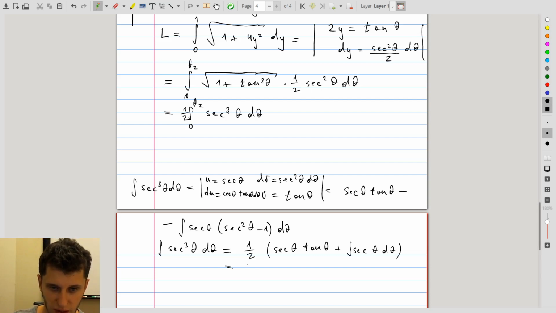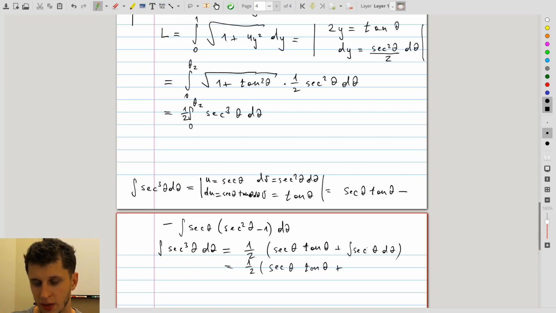So that gives me 1/2 secant tangent plus, so for secant theta, I have the antiderivative log of secant theta plus tangent theta. Like so, and then plus a constant.